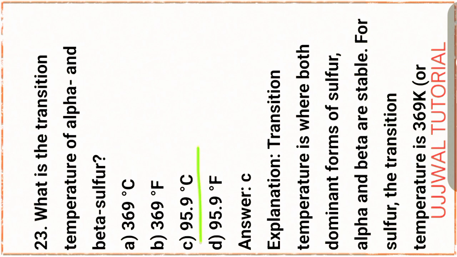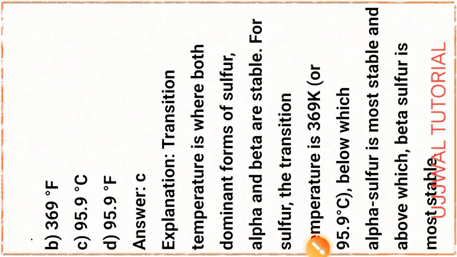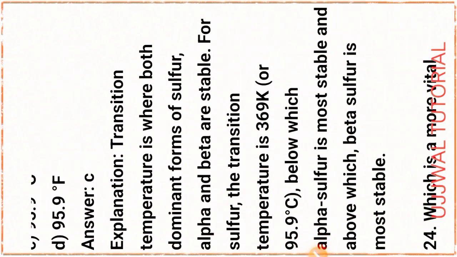To explain: the transition temperature is where both forms of sulfur, alpha and beta, are stable. For sulfur, the transition temperature is 369 Kelvin or 95.9 degrees centigrade, below which alpha sulfur is more stable and above which beta sulfur is more stable.